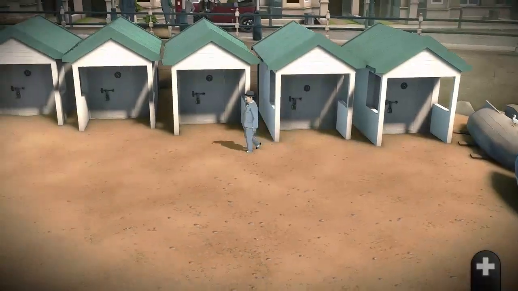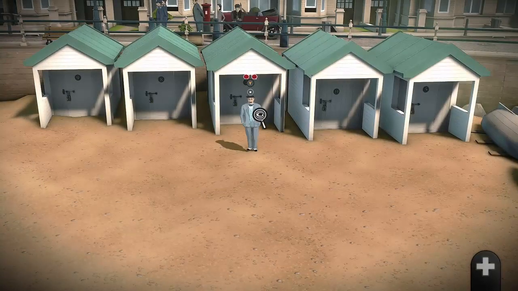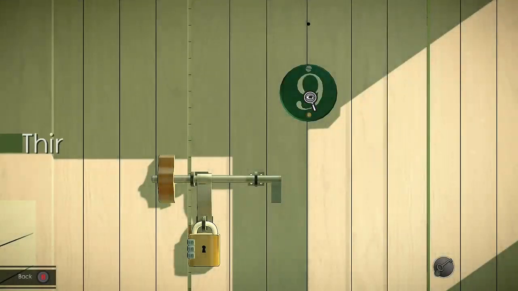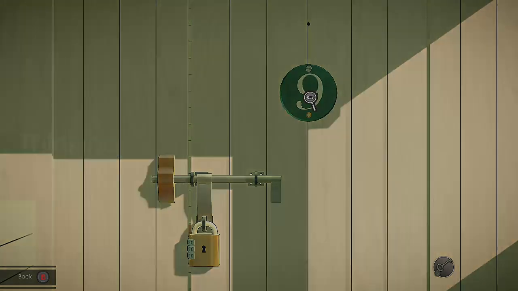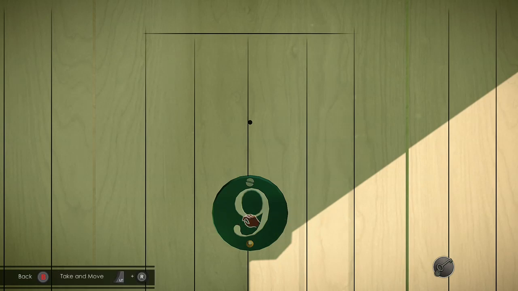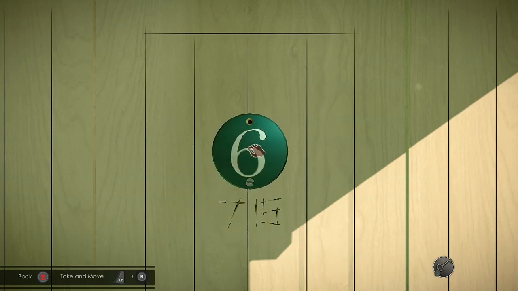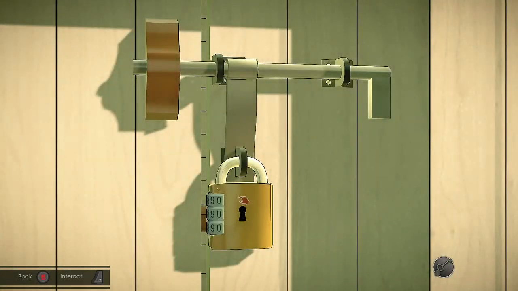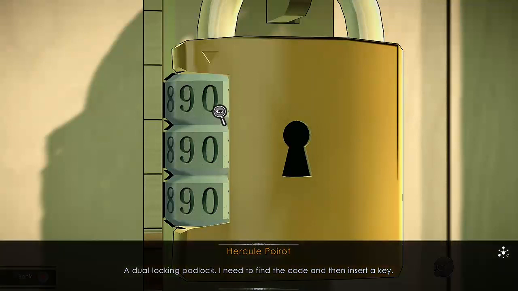Oh, this is for 6. Ah. Because the 6 is meant to be the other way round. A dual locking padlock.